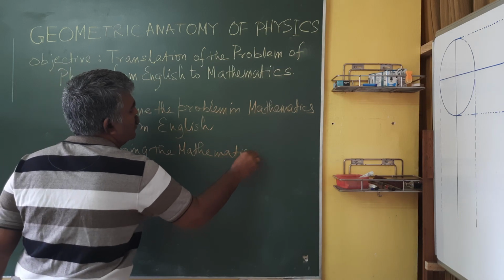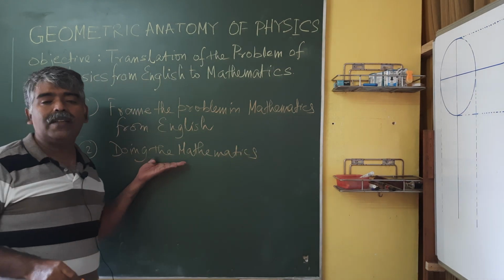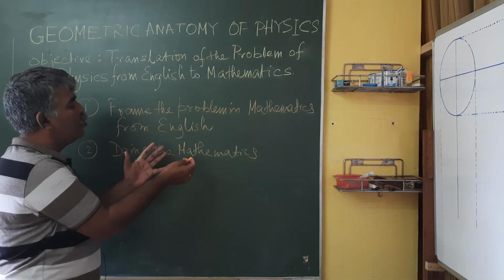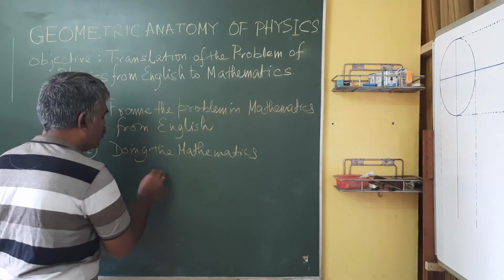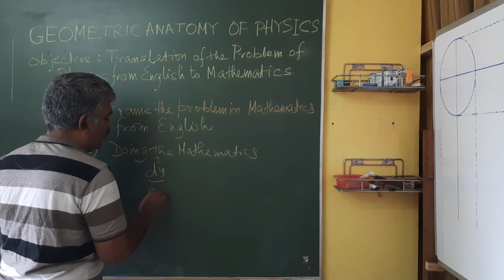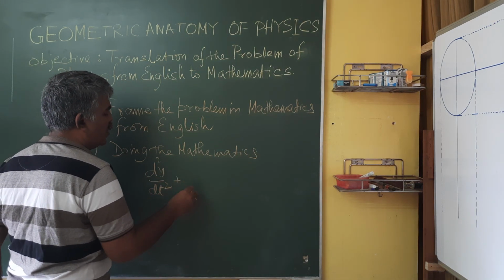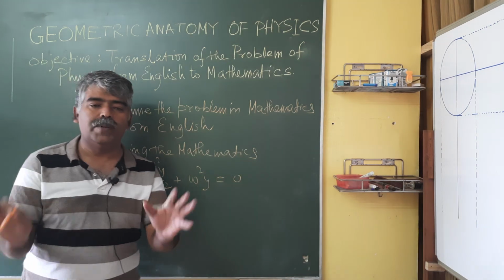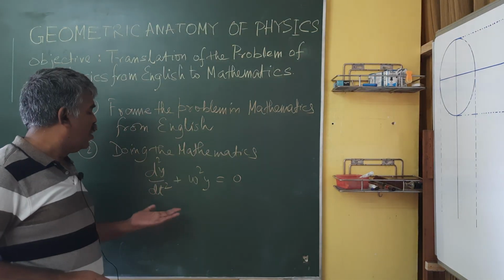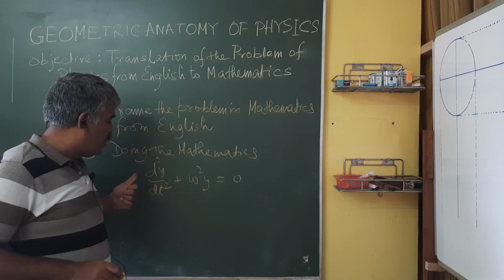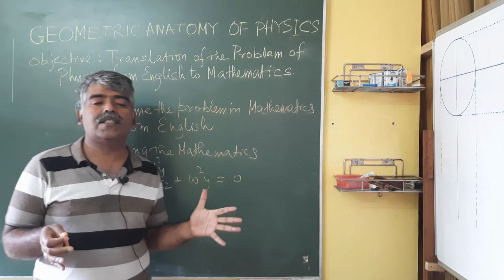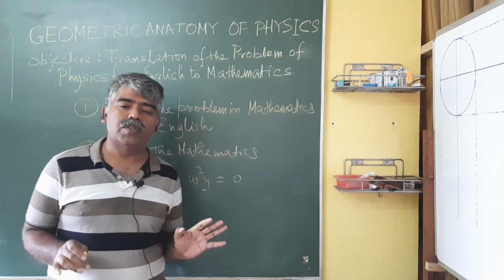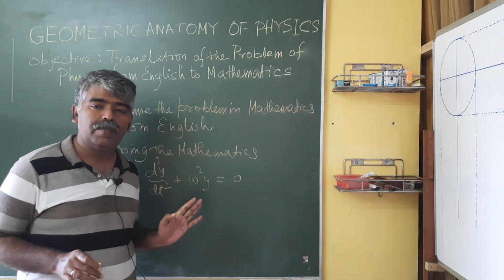As far as doing the mathematics is concerned, there are certain rules. Suppose you come to a differential equation, d2y/dt2 plus omega square y is equal to 0. You are given a system which oscillates with simple harmonic motion, angular frequency omega.